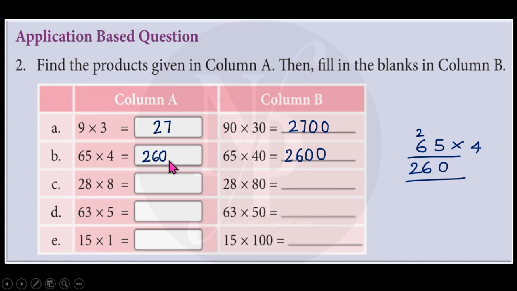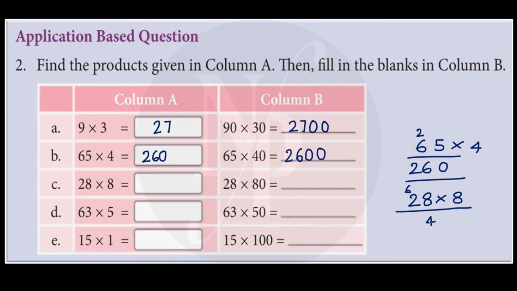Now let us come to the next question. See, 28 into 8. Let's write down here in rough workspace and find the product. 28 into 8. 8 8s are 64. So 64 ones are regrouped as 6 tens and 4 ones.